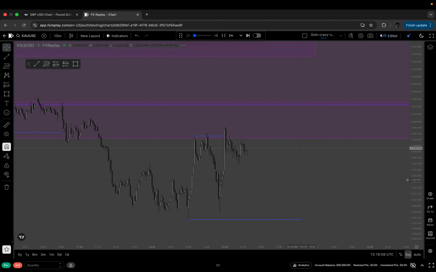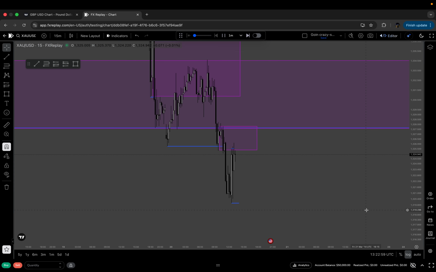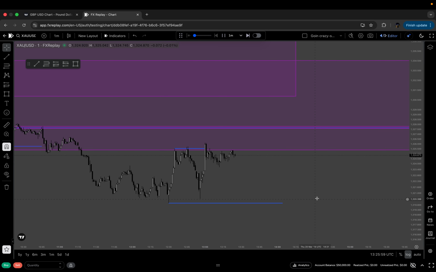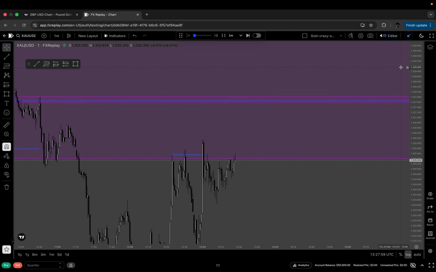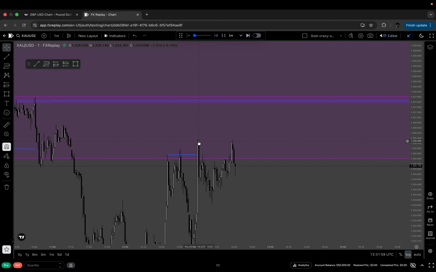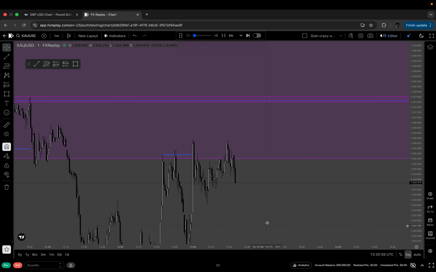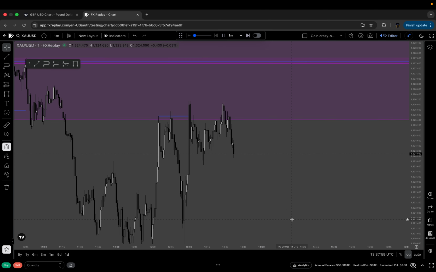Now in that 15-minute gap still. Not that gap, the order block, sorry. See what price wants to do. Okay, swept these highs. Still need a closure below here.